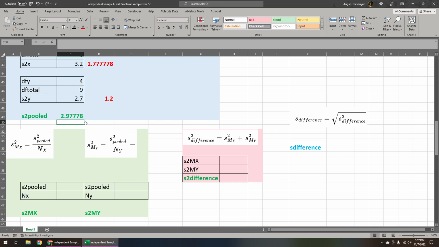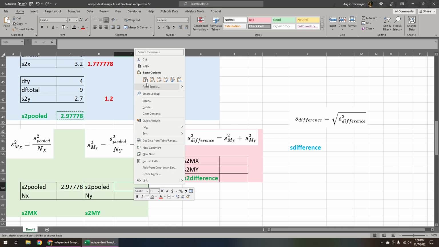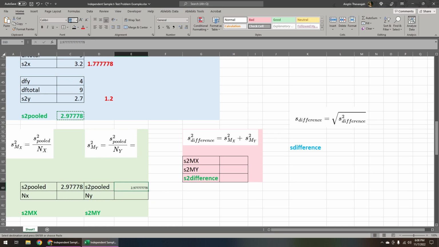Now, moving it down, for this next part of the equations, you're just going to bring your S pooled number and put it in here. Your n of x and your n of y are just how many people or rows of data you have in each group. We know that we have 6 for x and 5 for y. So I'm just going to use the same formula that's listed here: equals our pooled variance divided by 6, and equals pooled variance divided by 5.